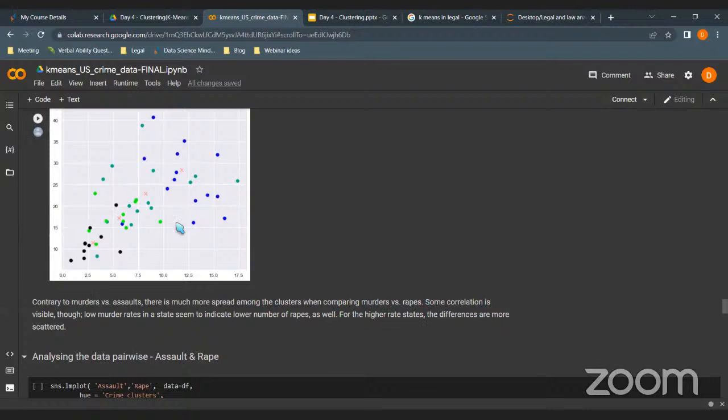We can also see some correlation between the two: low murder rates in a state go with a low number of rapes. But for a higher number of rapes, murders are both low and high.